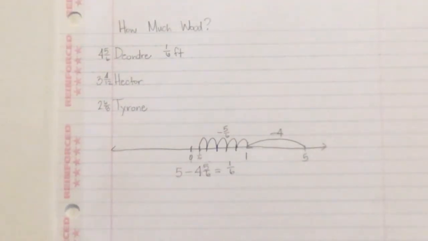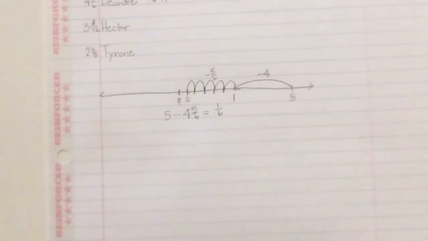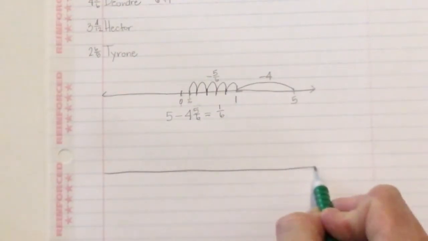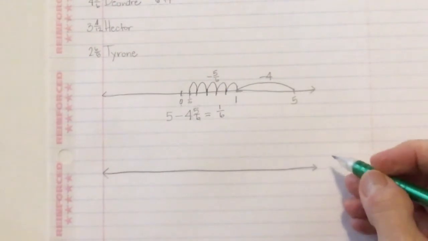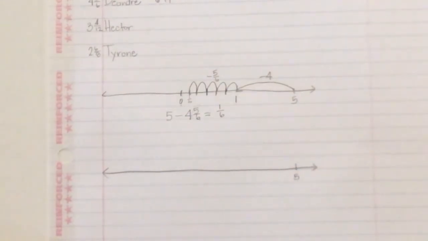All right, we're going to do the same thing for Hector. So skip a couple lines. Draw yourself a number line. All right, remember that you are starting with 5. So Hector has used 3 and 4/12 feet of wood.